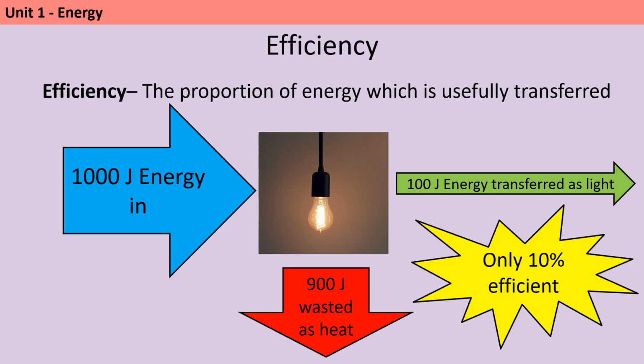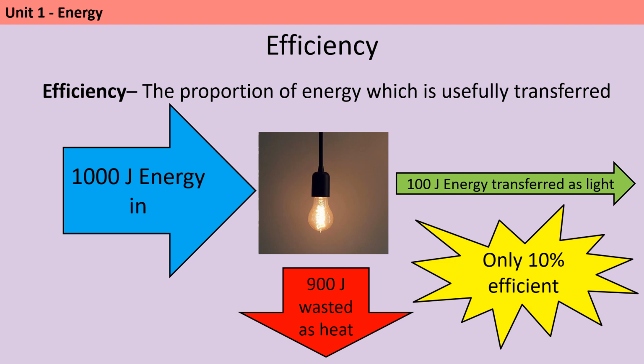Then we move on to section 6.1.2, and the first thing we need to know about is efficiency. This is the proportion of energy that has been usefully transferred, and it can be expressed either as a decimal or as a percentage. We've already said that conservation of energy describes how we must have the same amount of energy at the end as at the start. However, some of that energy will be transferred usefully in the way I want, and some of it will be transferred wastefully.